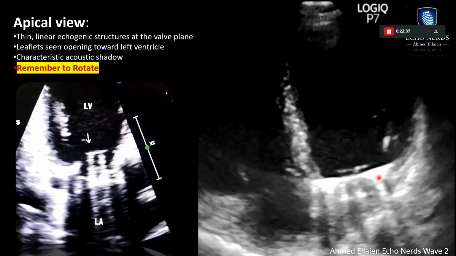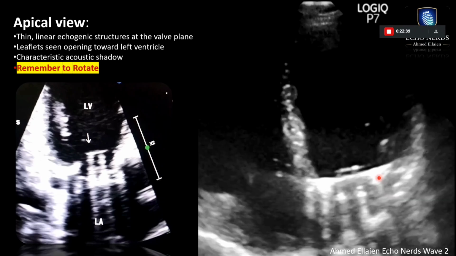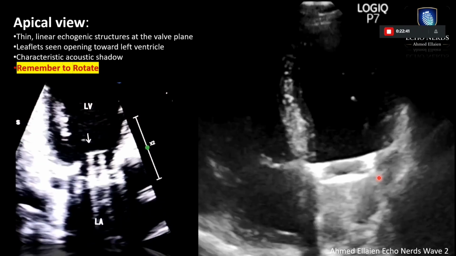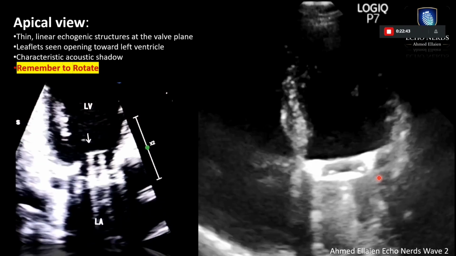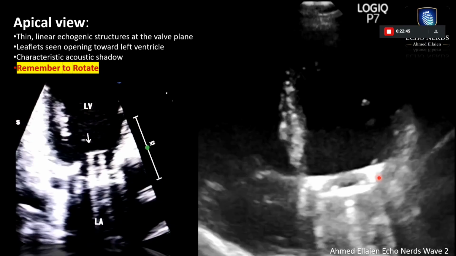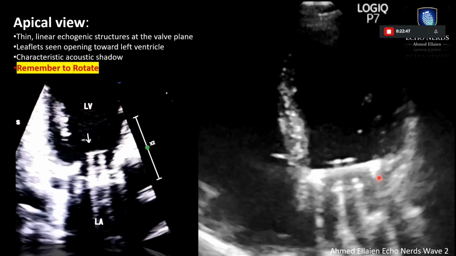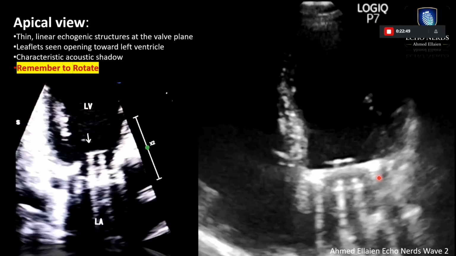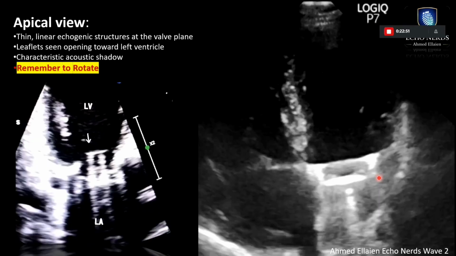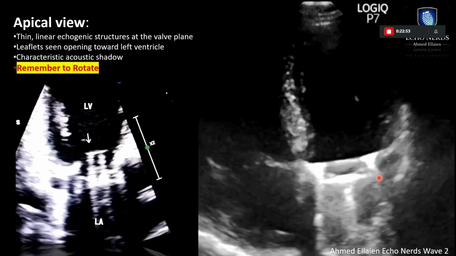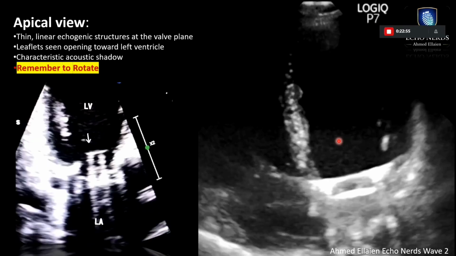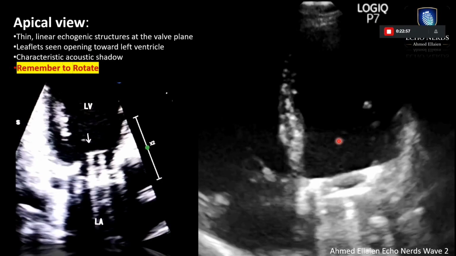You have to search for your optimum view of the valve, because it's an implanted valve. It's not a native valve with a native optimum view. No, each patient has his own specific view to appreciate both leaflets.